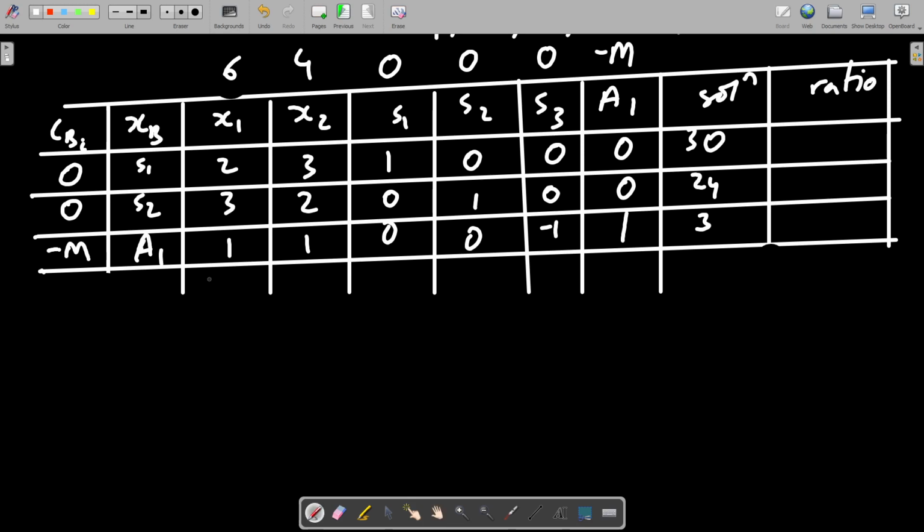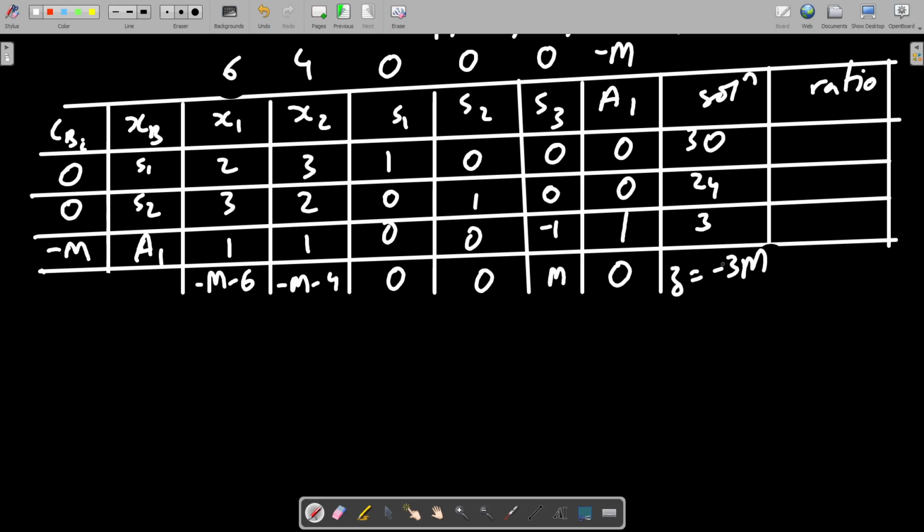So this will become 6 minus... oh sorry, it's not 6 minus, it's minus M minus 6. This will become minus M minus 4, this will be 0, this will be 0, this will become plus M, and this is going to become 0, minus M plus M, it will become 0, and the Z value over here will become minus 3M.